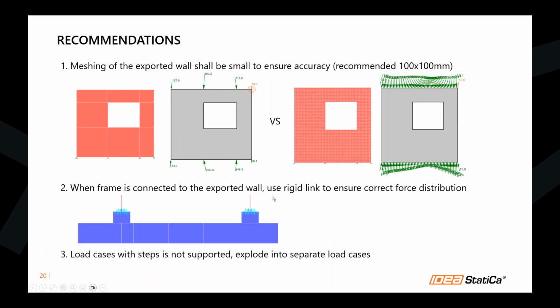And if you have a frame connected to the wall, you just use a rigid link to ensure correct force distribution. If not, then it will be super concentrated into this one node, which is also not correct. And load cases with steps are not supported. You would need to explode into several load cases. So these are our recommendations if you want to try it or use this.